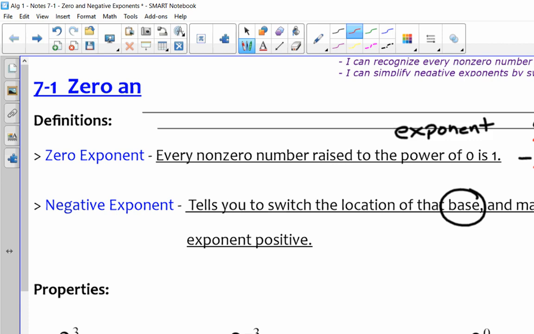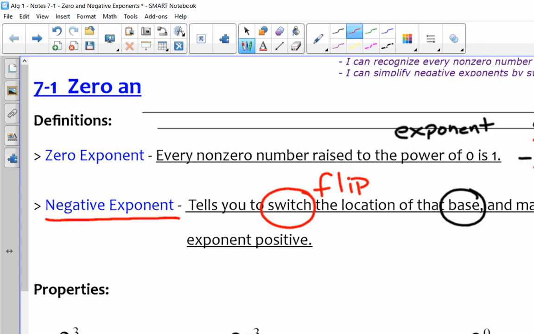Okay? But if I have a negative exponent, mathematically I can't have that, because what it's telling me is to multiply something by a certain number of times. Well, we can't do that when it's a negative number. So I have to make it positive. When we have the word switch, I like to think of the word flip, because every number can be written as a fraction.